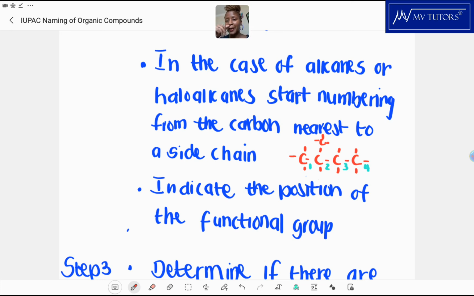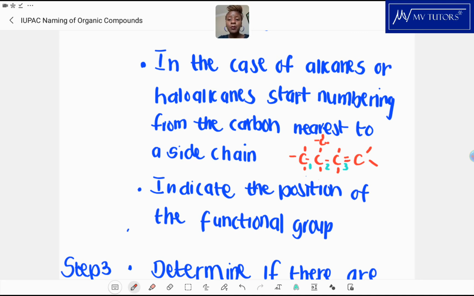But if you had an alkene, okay, because around every carbon atom you have to have 4 bonds, because carbon is from the 4th group, so there are 4 bonds around it, 8 valence electrons around it, fulfilling the octet rule. Remember that. So this one says indicate the position of the functional group.